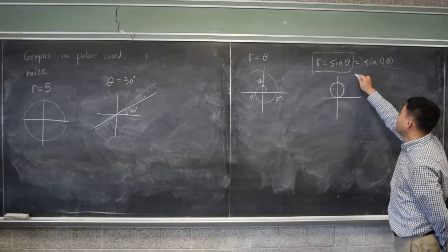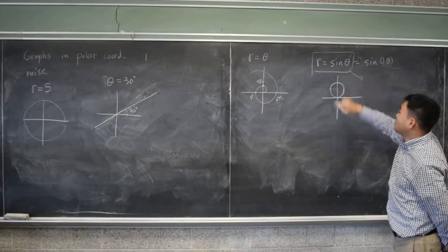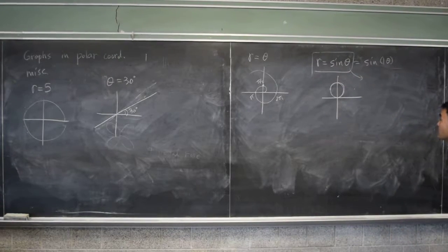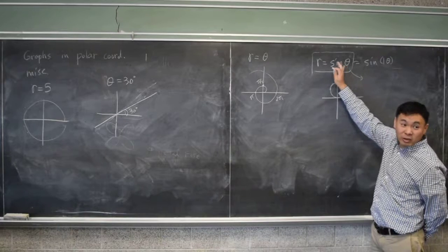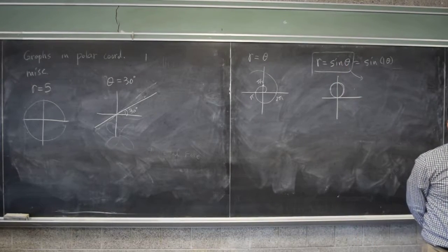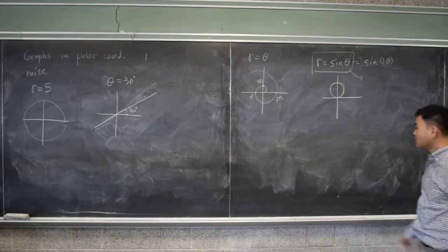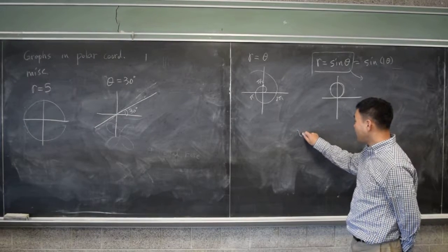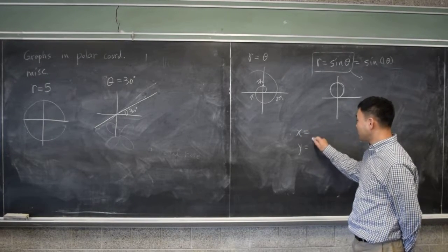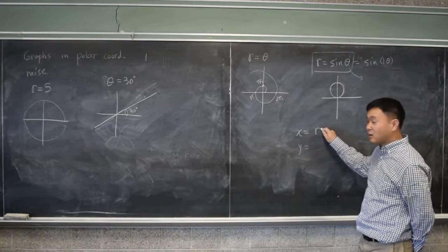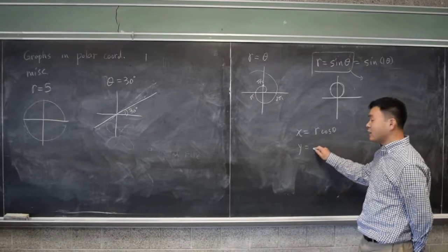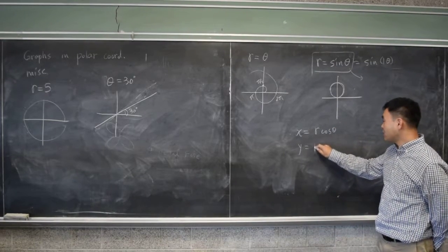Every time you see sine, you try to multiply by r, because I know what r sine theta is. What's r sine theta? Remember the formula? x is r cosine theta. y is r sine theta.